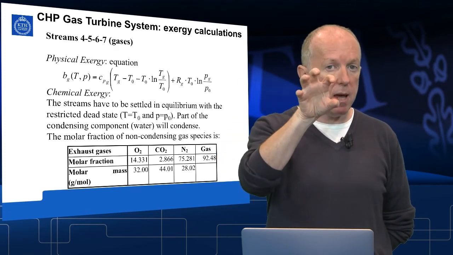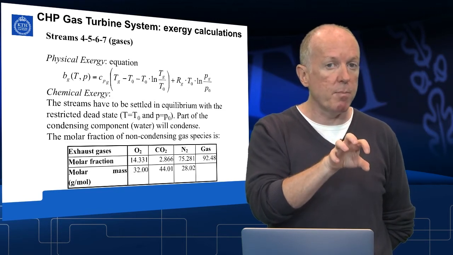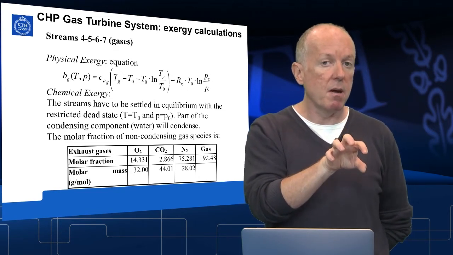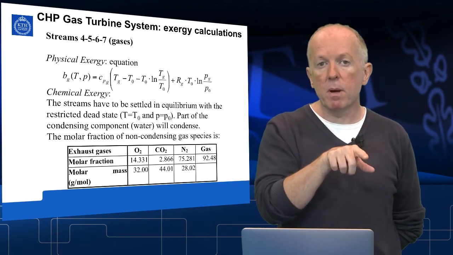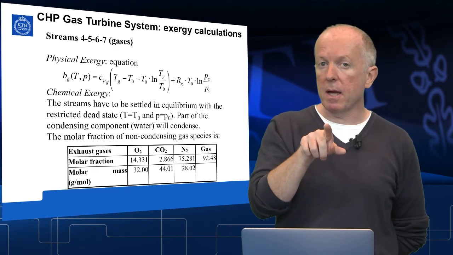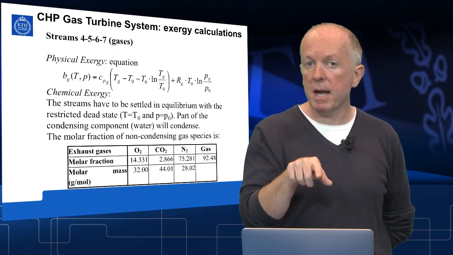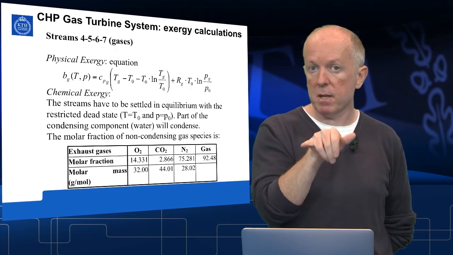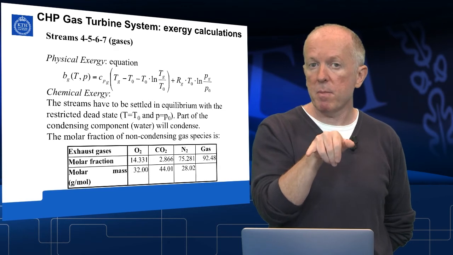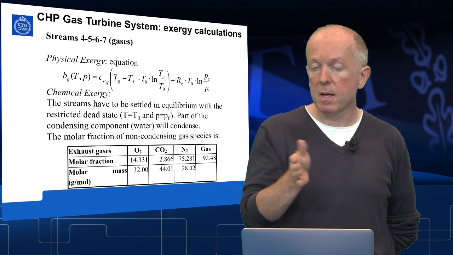This stream of mass has to be taken and put in equilibrium with the dead state, so put it in the condition said as restricted dead state. This equilibrium is only a physical equilibrium. Still, to calculate the chemical exergy, you have to consider the remaining residual disequilibrium between your stream of mass and the biosphere.